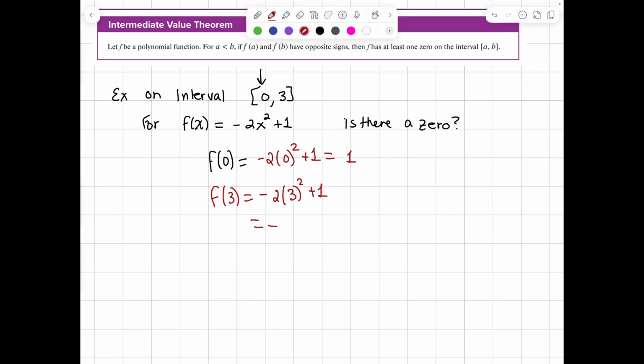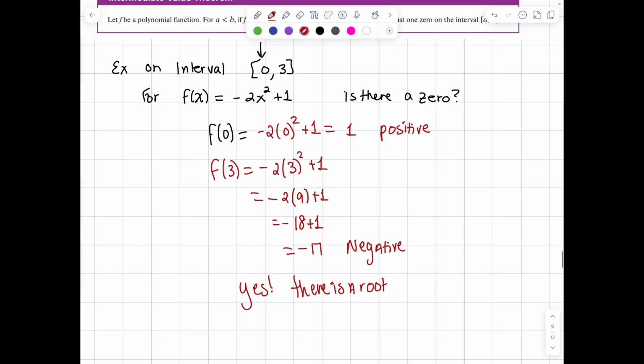That gives me negative 2 times 9 plus 1, negative 18 plus 1, which gives me negative 17. Does one of them have a different sign than the other? Yes, f of 0 is positive, and f of 3 is negative. So yes, there is a root.